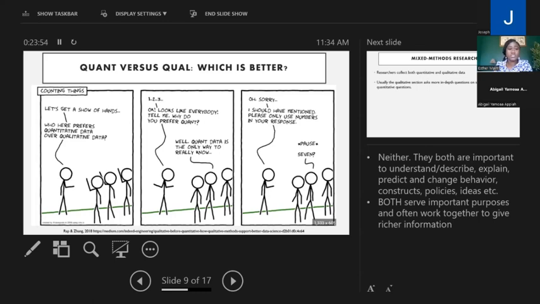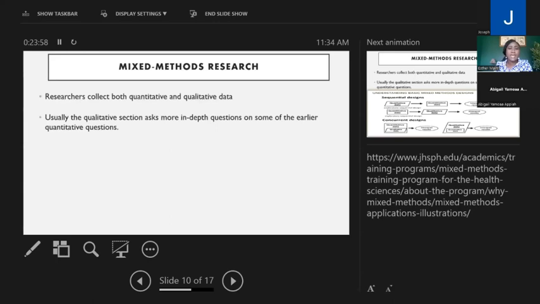All right, so your question determines which direction you're going to go. All right, and whilst I say neither is better, we cannot also deny that both, I always say both, play a huge role in our understanding of the phenomenon of interest that we have.